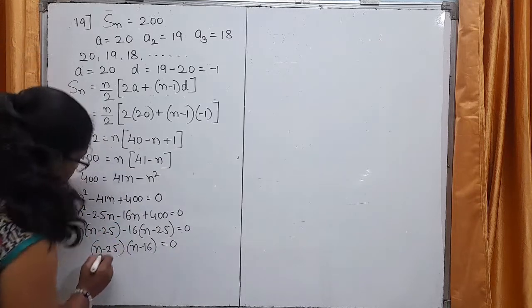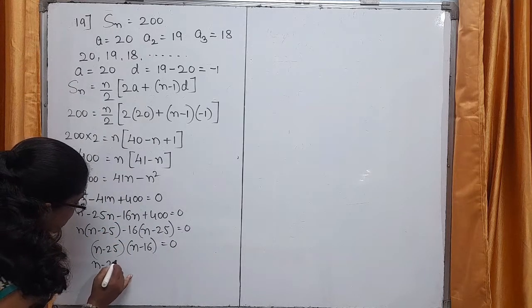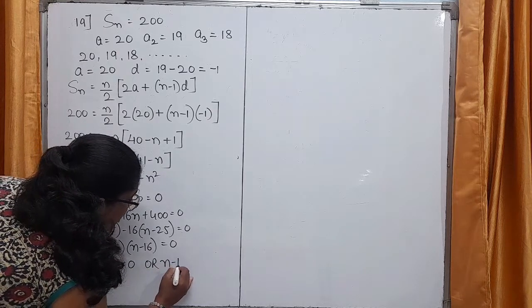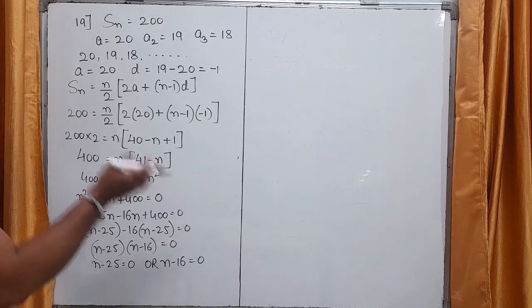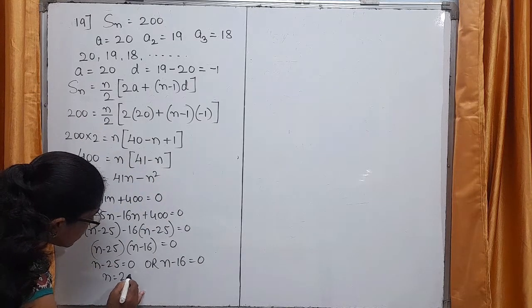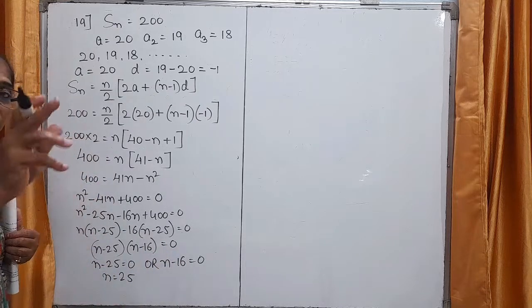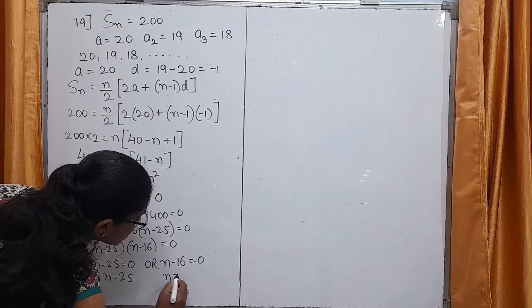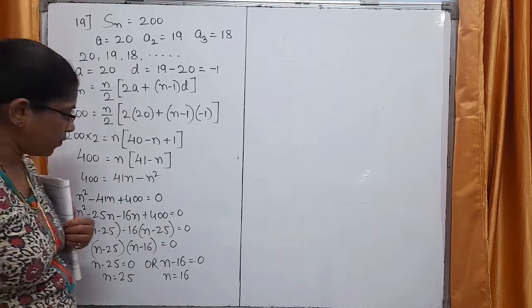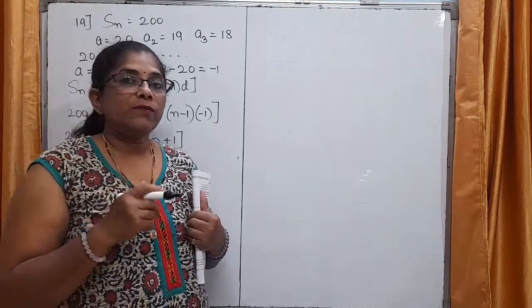Now either n minus 25 is 0 or n minus 16 is 0. If n minus 25 is 0, n is equal to 25. And if n minus 16 is 0, n is equal to 16. Now here we get two positive values of n, that is 25 and 16.